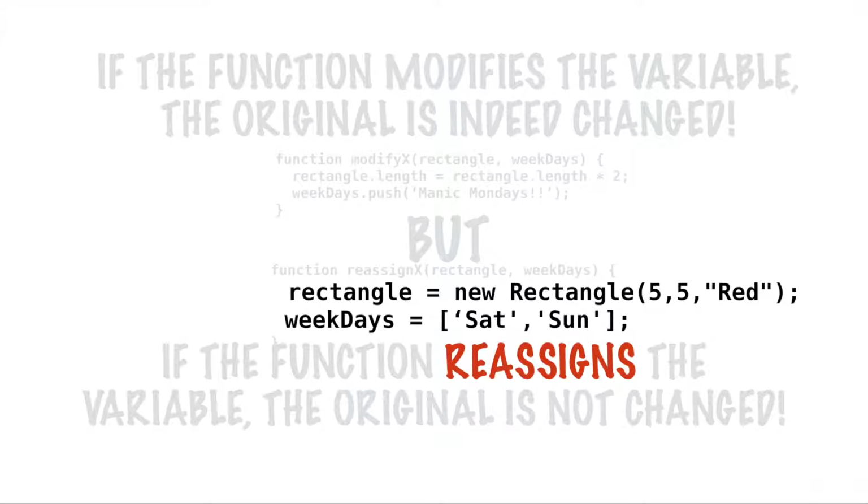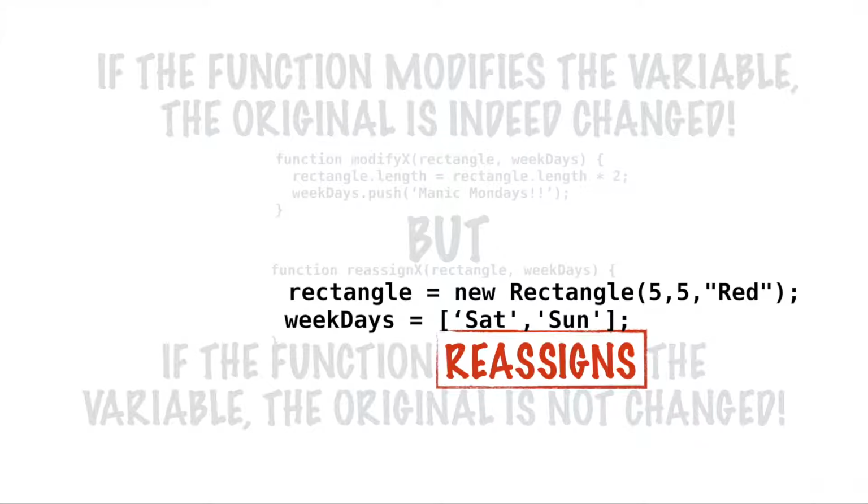The rectangle and the weekdays objects are passed into the reassign x function, and we say rectangle is equal to new rectangle. We are creating a completely new object and assigning it to the rectangle variable. Or we say weekdays is equal to, in square brackets, Saturday, Sunday. We are assigning a completely new array to the weekdays variable.